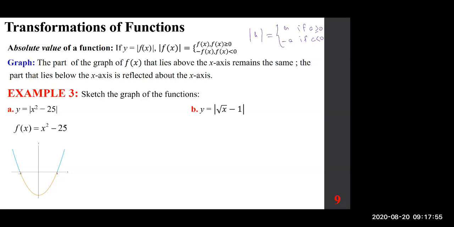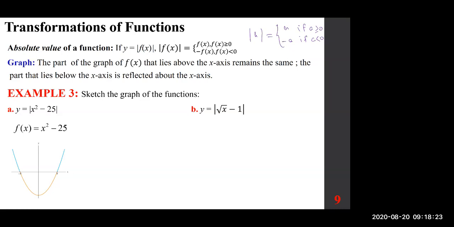Now, the portion in blue is above the x-axis. The portion in blue remains unchanged. I notice sometimes things stay blurry when we move things along. So again, the portion in blue above the x-axis remains unchanged.